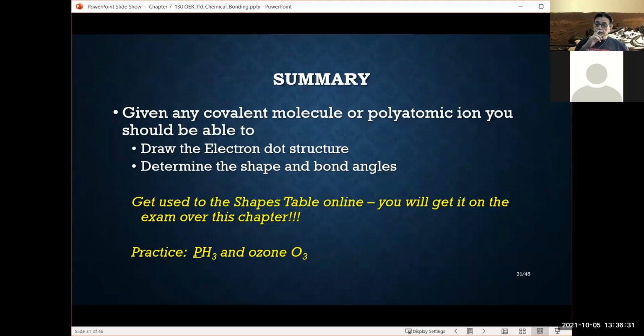So go over the shapes table, and you might want to try PH3 and ozone, the formula for ozone, with 3 oxygens. Give that a shot and see if you can do it on your own. If you can't, bring it back to class and we'll go over it.